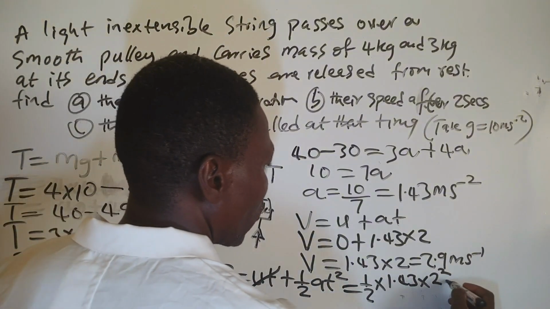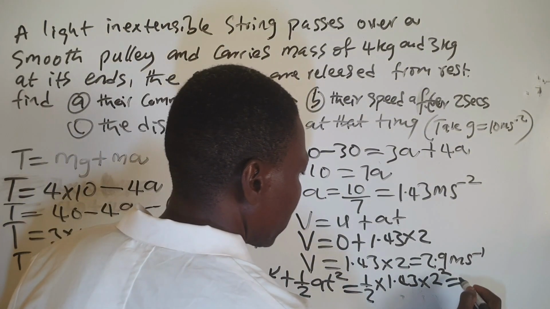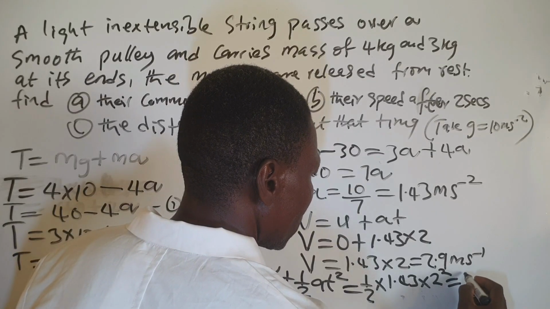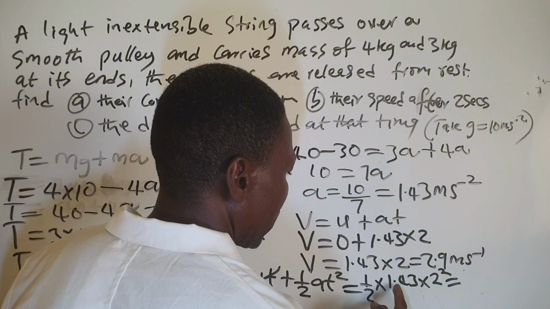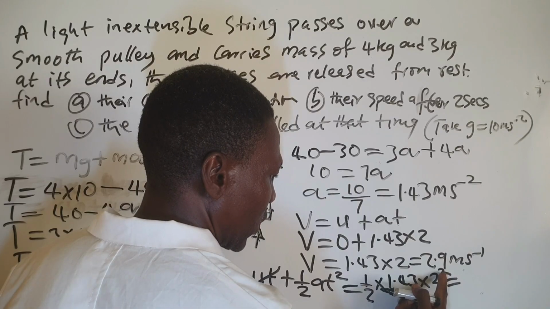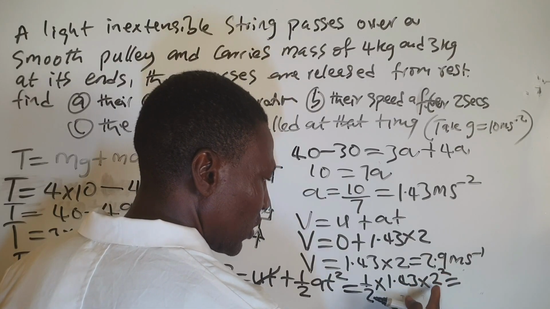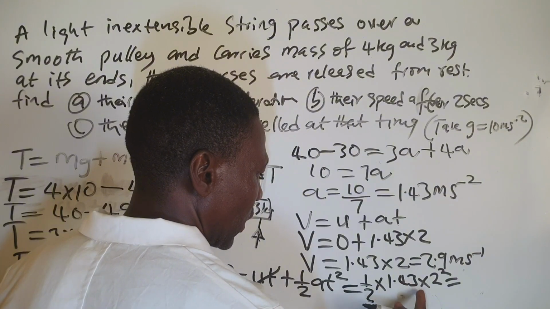Then our final answer will become 1 times 1.43 times 2 raised to the power 2. 2 raised to the power 2 means 4, so 4 will be here. We now say 4 times 1.43 times 1.